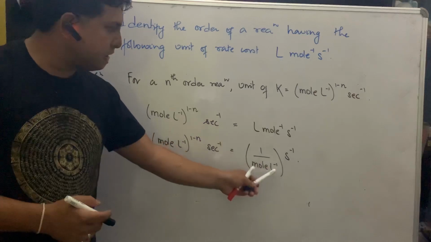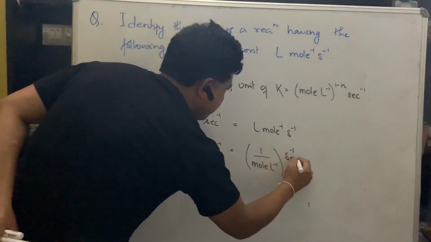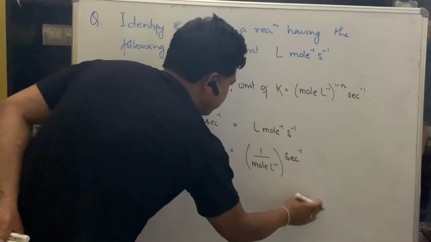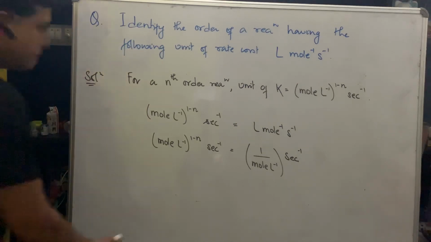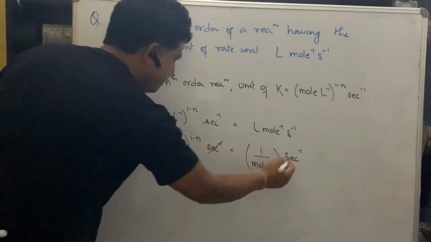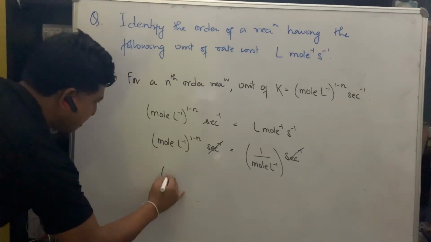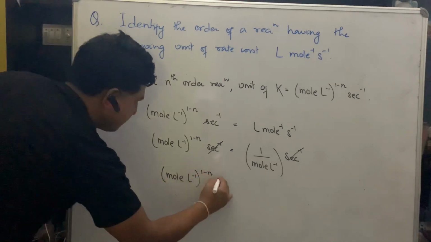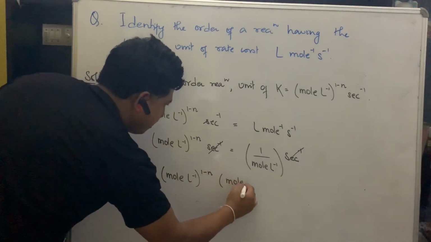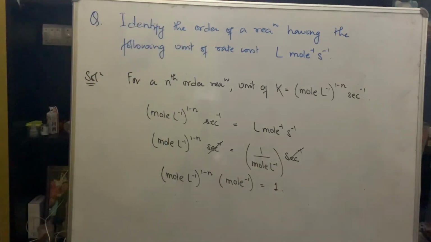The second inverse will get cancelled. So mole per liter to the power 1 minus n will be equal to 1.